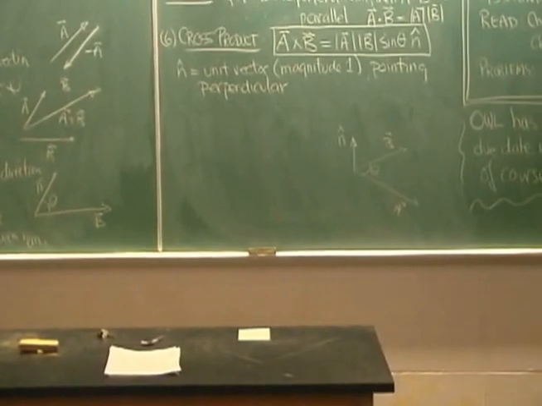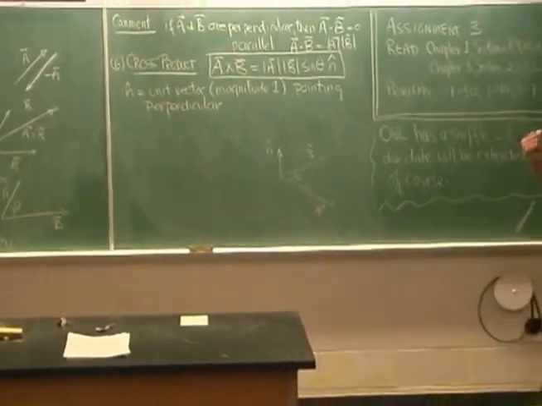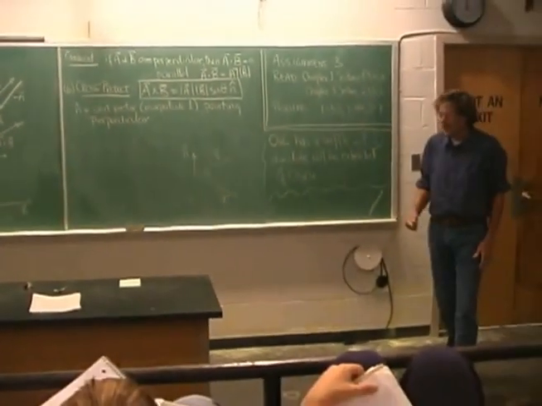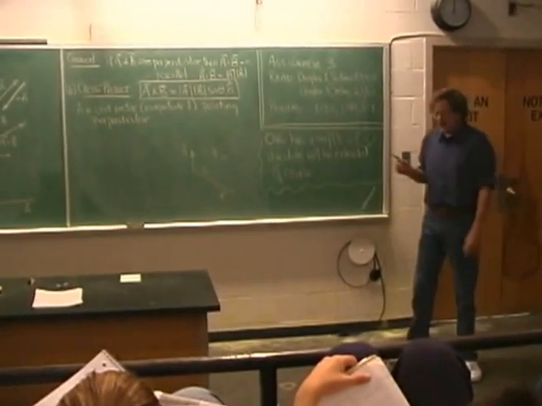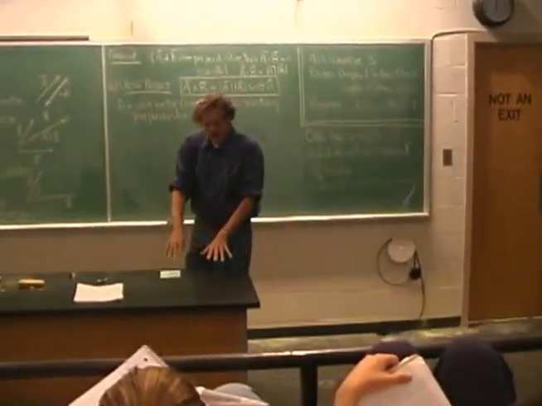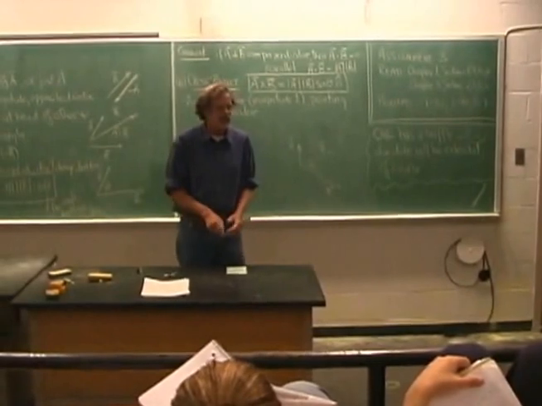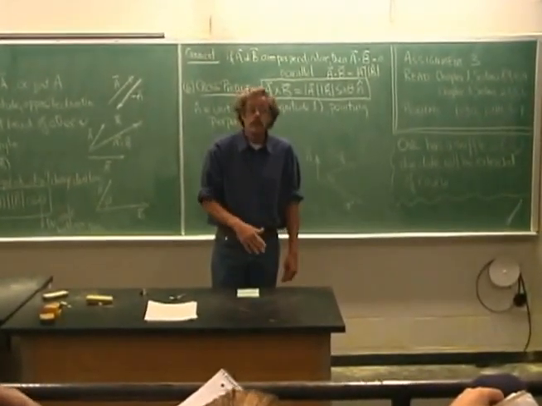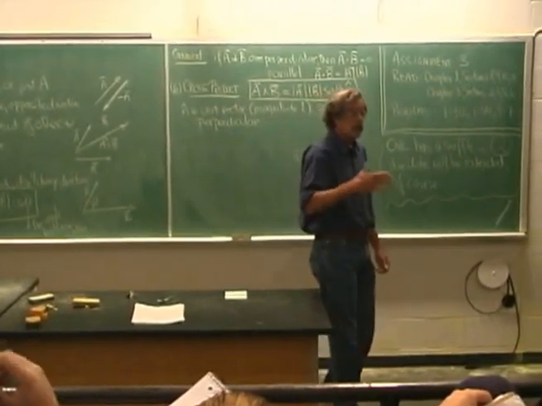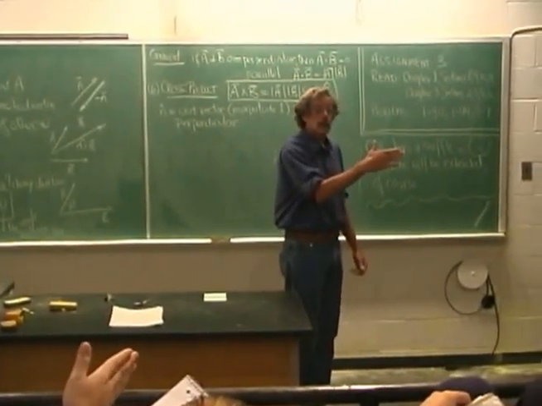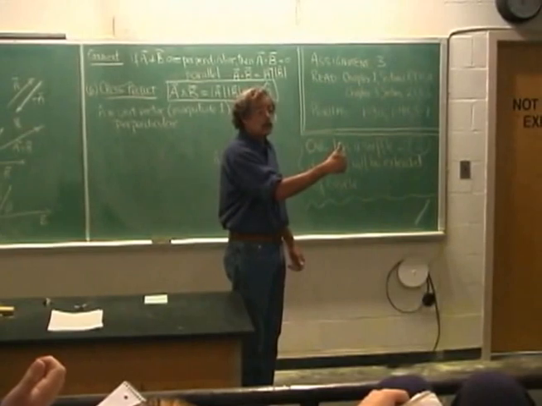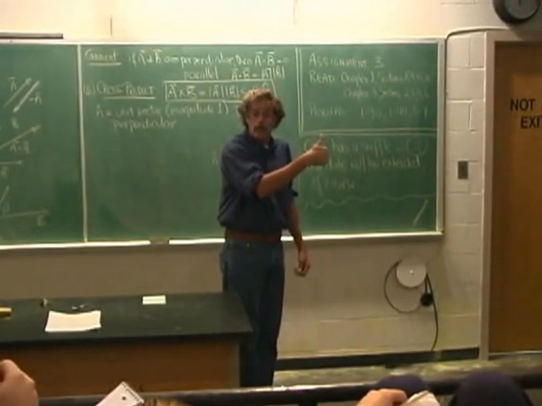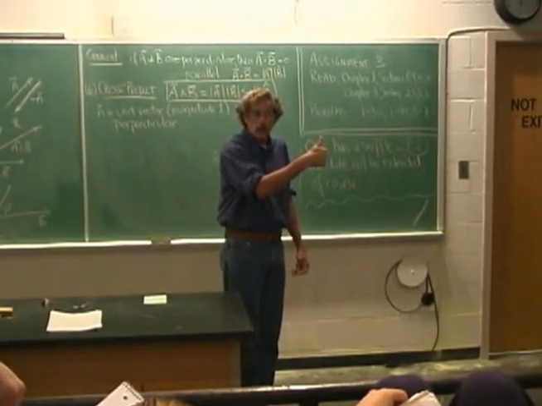I'll say it to you, and we'll have to pick this up again when we start using the cross product. I know that the direction is perpendicular to the plane defined by those two vectors, but which direction perpendicular, up or down? The answer is given by the so-called right-hand rule. Take your right hand, stick your fingers in the direction of the first vector, curl them around toward the second vector, then your thumb indicates the direction of the cross product.